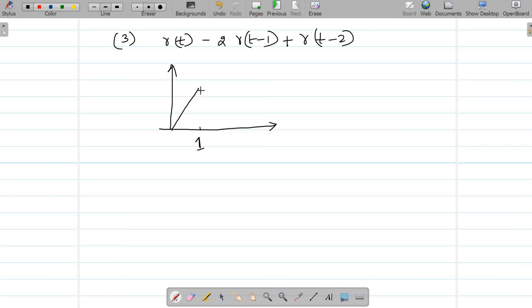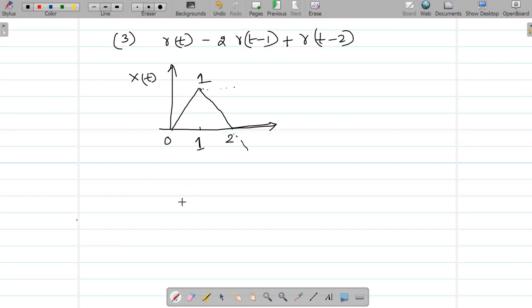If it were just negative 1, it would have been a flat line. But since the slope is 2, it is going to become like this and reach 2. After 2, there is r of t minus 2, so instead of proceeding like this, it will flatten out. So finally, we are going to have a triangular shaped wave. This is x of t.